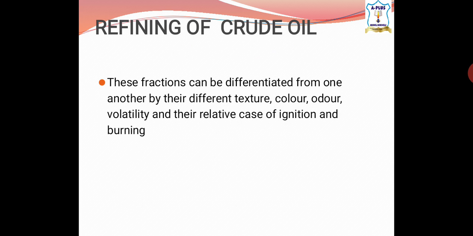And their relative ease of ignition, the way they burn things, is also different. If you apply kerosene to a refuse dump that you want to burn, the way it will ignite is different from the way diesel behaves, and very different from petrol. The ease of ignition of petrol is very high, and that of gas is the highest. Gas is very inflammable. So that is how you can differentiate the fractions of crude oil.